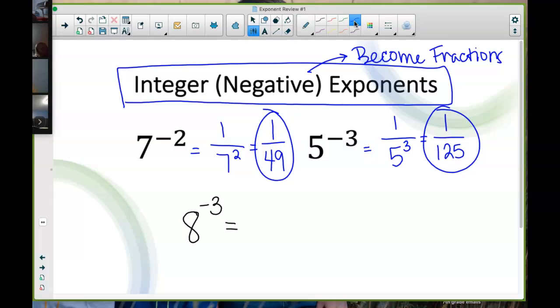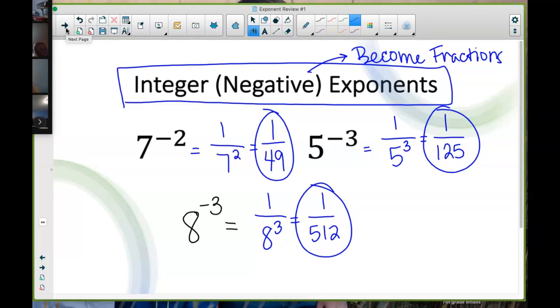Remember, it has to be a fraction. This becomes 1 over 8 to the third power, which is 1 over 512. There's your answer. So you have 3 good examples in your notes that might help you on the test.